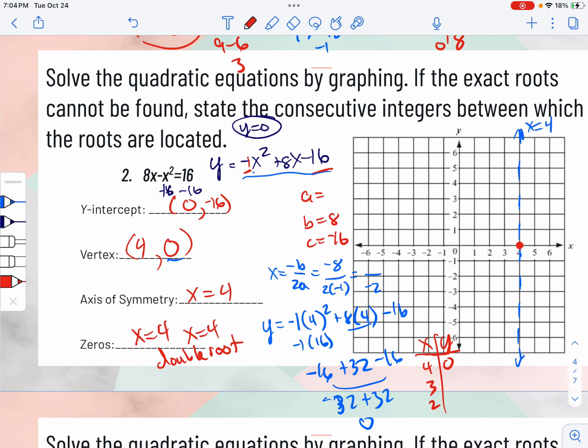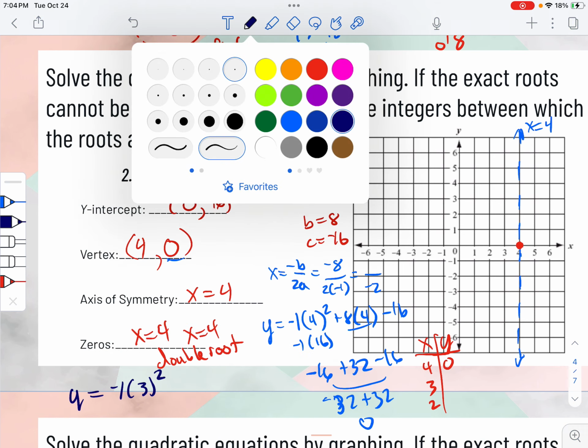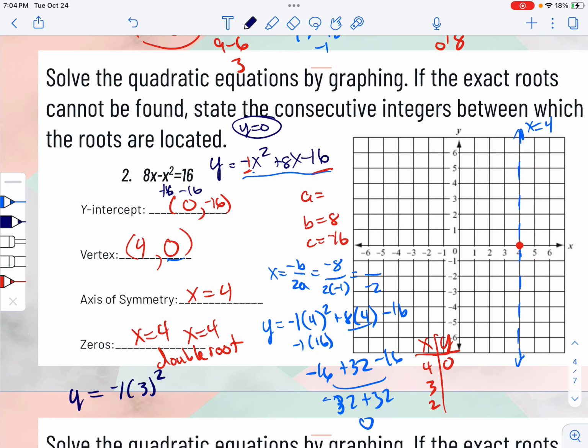I'll plug in, let's go y equals, I'll plug 3 in. Now remember that's -1 times 3 squared. Okay, and we got plus 8 times 3 and then minus 16.